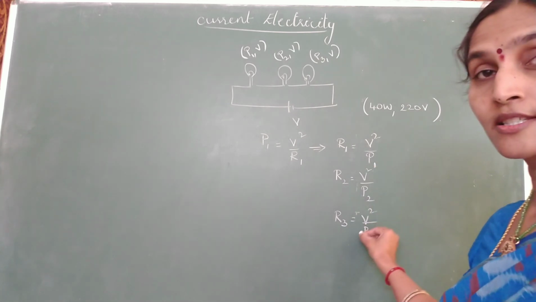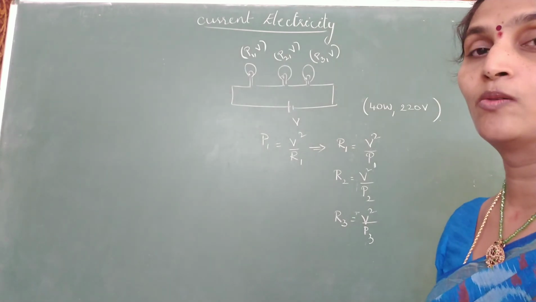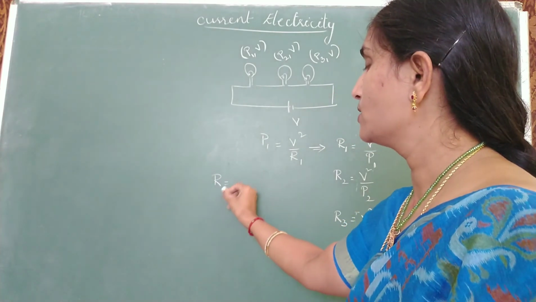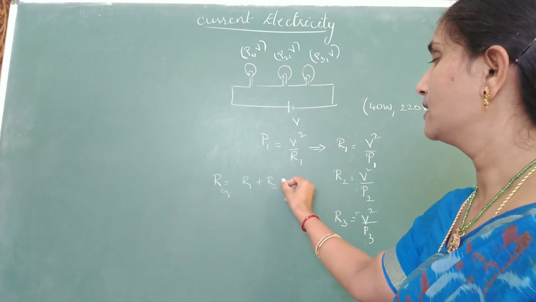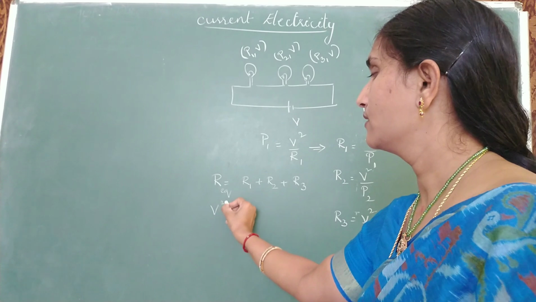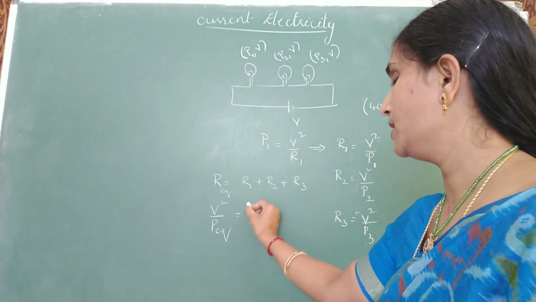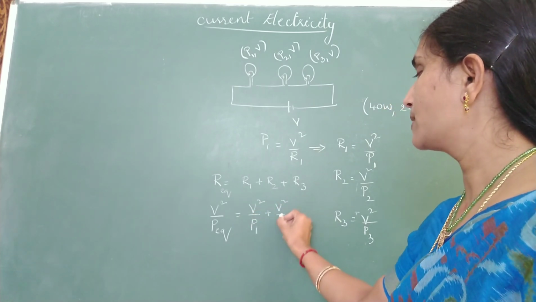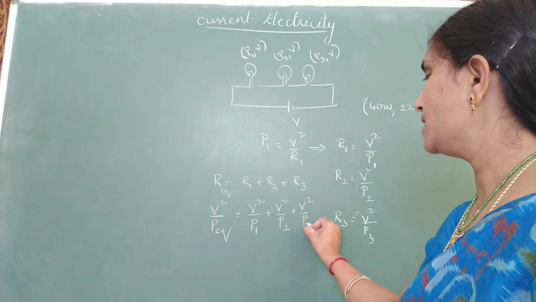So once you know the resistance of all the 3 bulbs, we have already studied the equivalent resistance when resistors are in series combination: R equivalent is equal to R1 plus R2 plus R3. This R I will write as V square by P equivalent. So V square by P equivalent should be V square by P1 plus V square by P2 plus V square divided by P3.